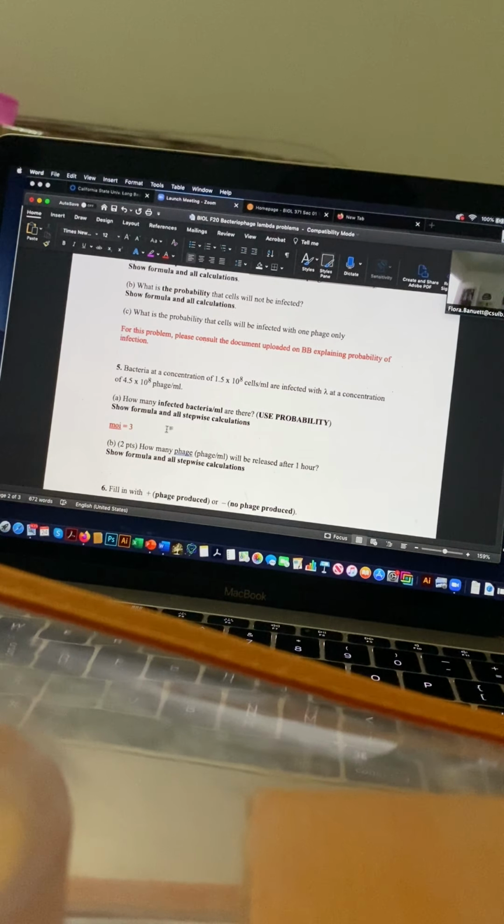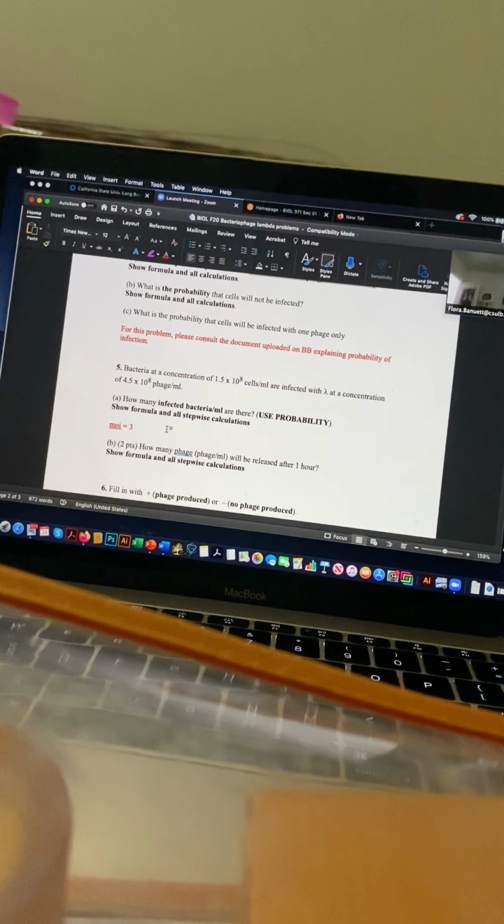It's going to be 1 minus 0.0497 equals 0.9503. So that means that 95% of the cells are going to be infected.